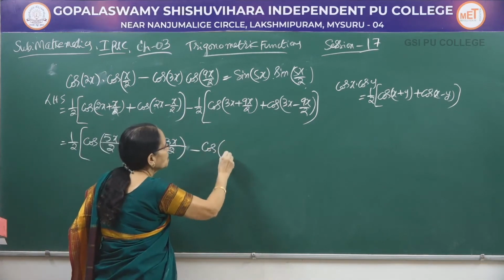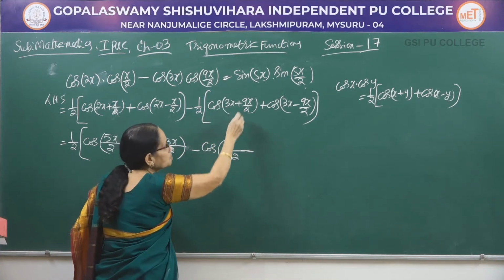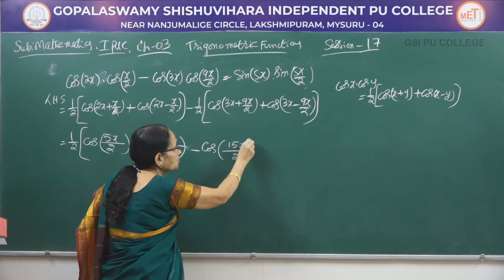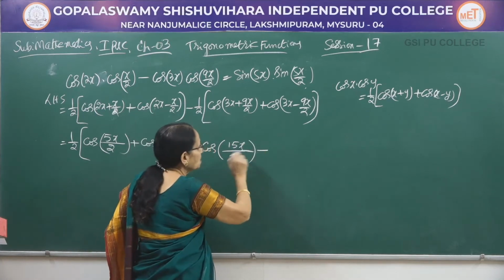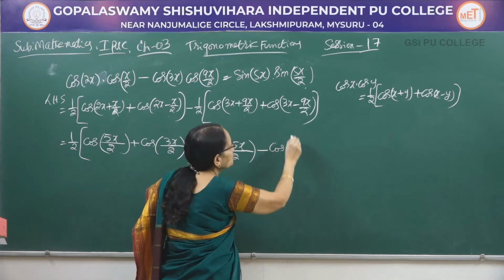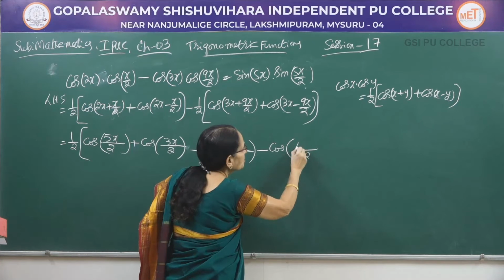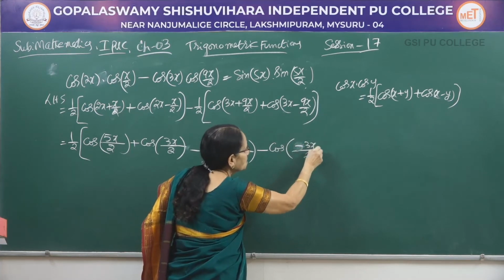Cos of, again, the LCM is 2. 2 3s are 6. 6 plus 9, it is 15x by 2, minus, be careful, minus, it is cos of, LCM is 2. 2 3s are 6. 6x minus 9x is minus 3x.